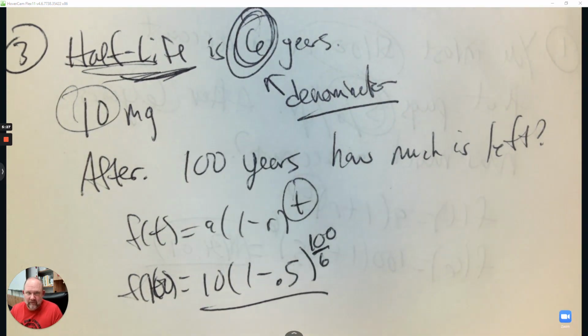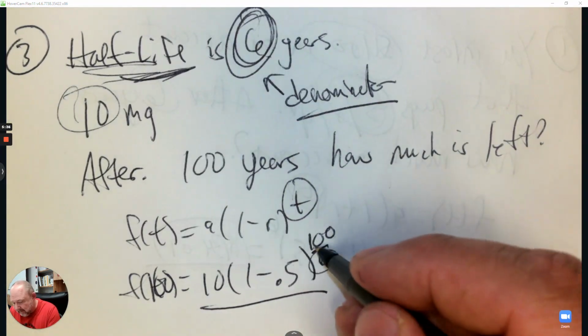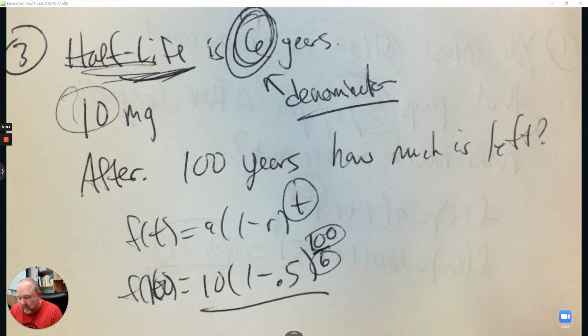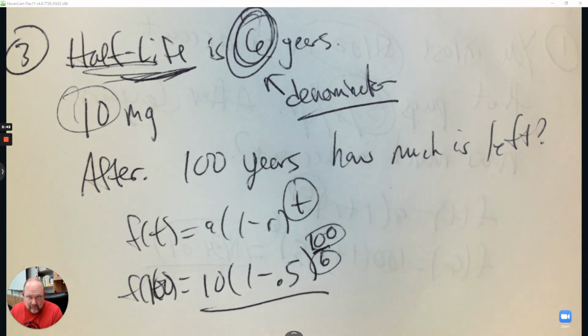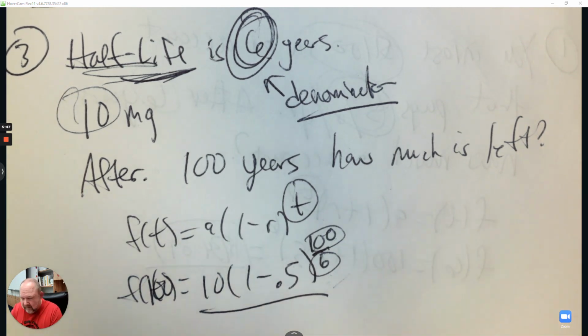Sometimes you're asked a question and you have to figure out how many hours in a day or how many days are in a month or something like that. But I want you to remember that the half-life gives you the denominator, and then the numerator has to be the same unit. So if one was months and one was years, you have to make sure that they're the same unit when you put it in the equation, and then calculate it.